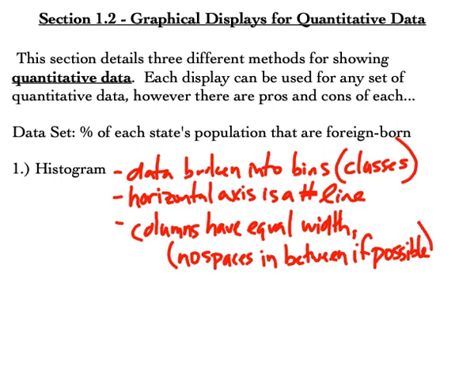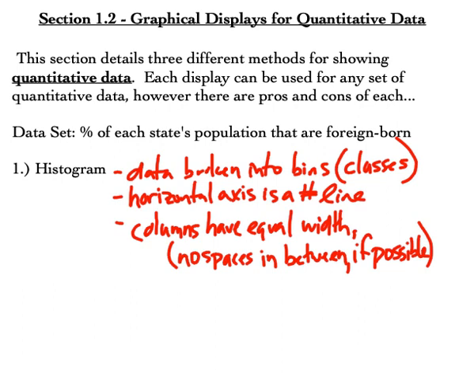Sometimes the data set might have some natural gaps in the data. But we want to think about not having spaces in between. The columns have equal width, so we can make comparisons between the bins or the classes.